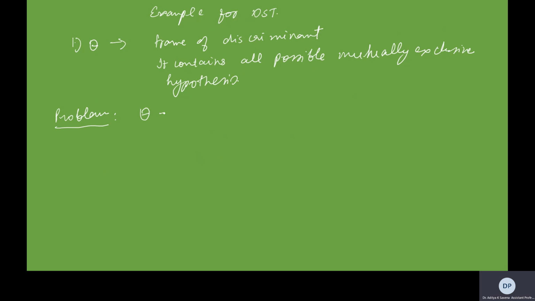The doctor has advised that the mutually exclusive events in theta are allergy, flu, cold, and pneumonia. What does this set mean? That after seeing the symptoms, the doctor figures out that only these are the four possibilities. So they are put inside this frame of discernment.